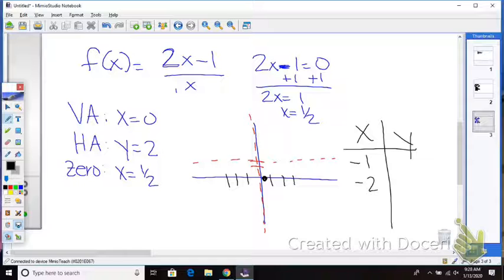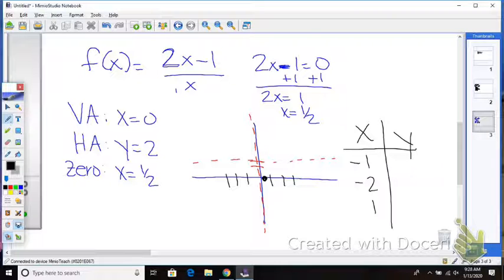And then on the right side, we already have 1/2, so I'll let you use that one. What's another point on the right side? 2. Even easier would be to use 1. But you can use 2, or you can use 3. You can use 4 if you want. I would just probably pick the easiest number to plug in.